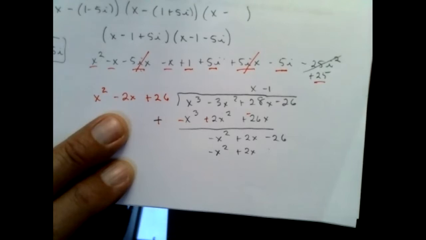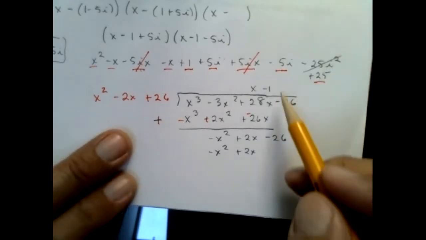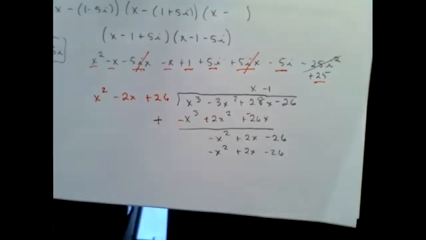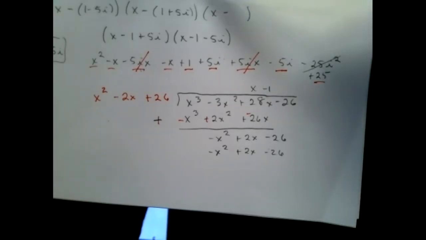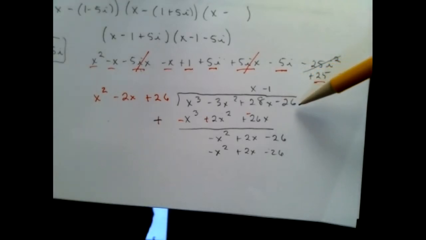Where did I mess up? Plus 2x minus 26, negative 1, positive 2, negative 20. That's not right. So it tells me I did mess up somewhere. Oh, man. X cubed minus 3x squared plus 28x minus 26. I copied the problem down, right?